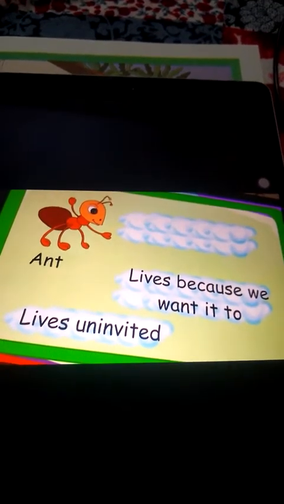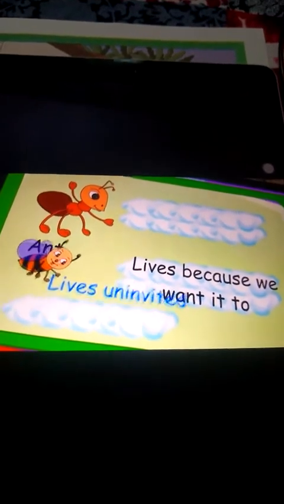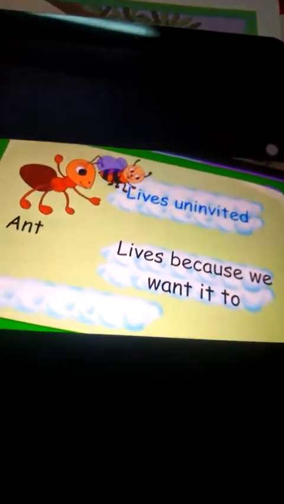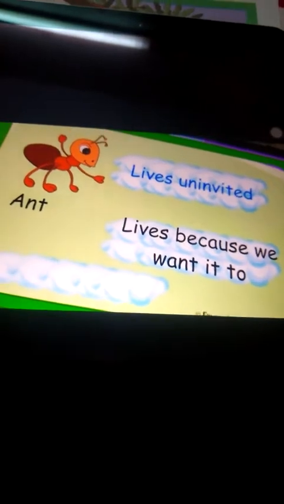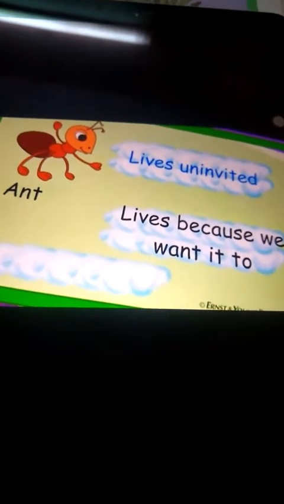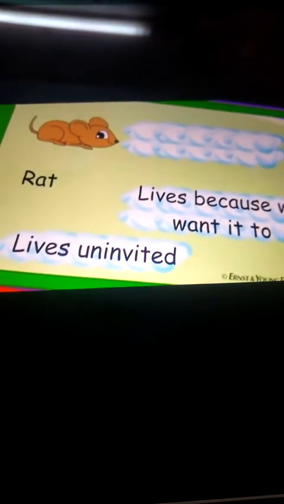It also lives uninvited in our house. This is a rat.